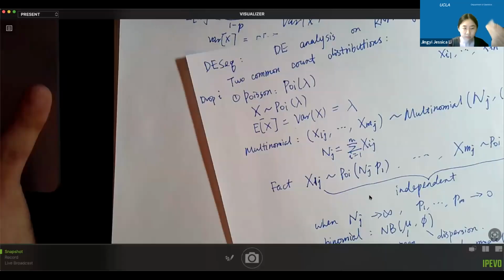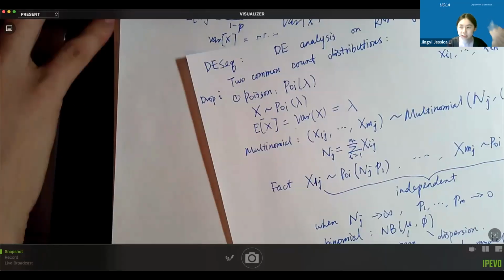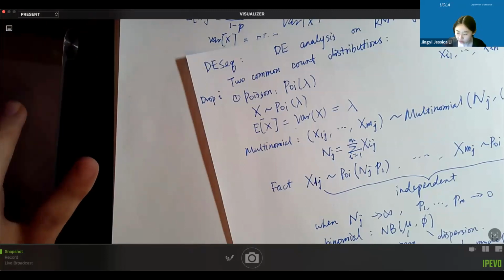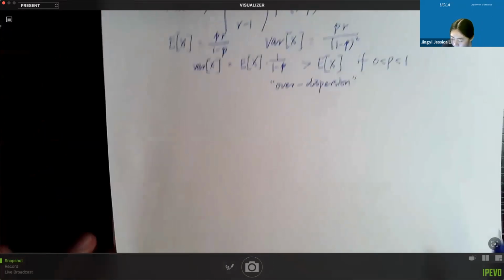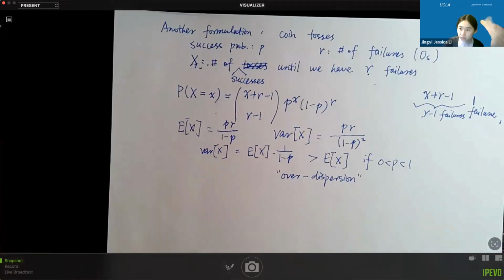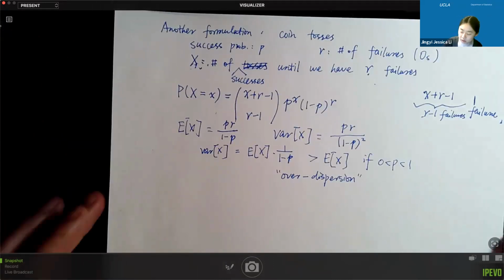Coming back to our DE topic. Back to our DE analysis, just as a makeup for our regression, the negative binomial regression and the Poisson regression.